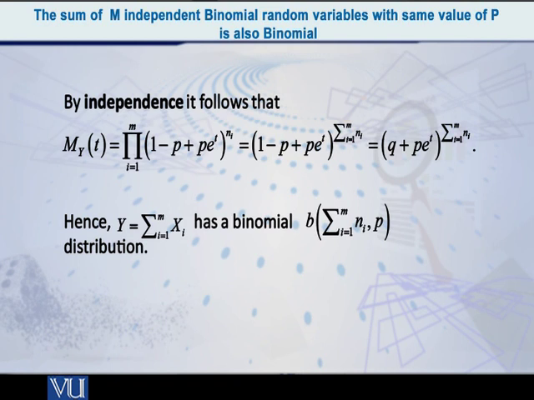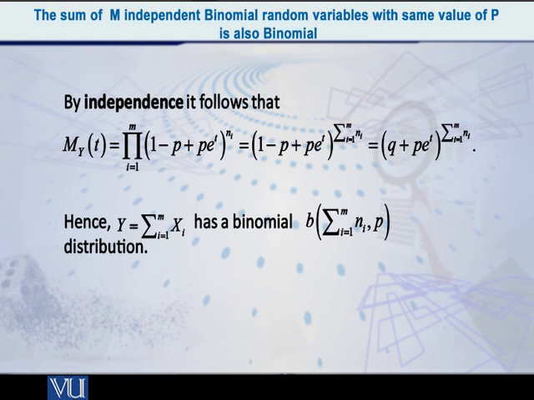I get MY(t) is equal to product, i going from 1 to m, (q plus p e raised to t) whole raised to ni. आप जानते ही हैं कि जिस तरह summation sign, वो जो capital sigma है, that represents summation. इसी तरह capital pi, that represents product. अगर आप इसको खोल के लिखना चाहें तो कैसे लिखेंगे?